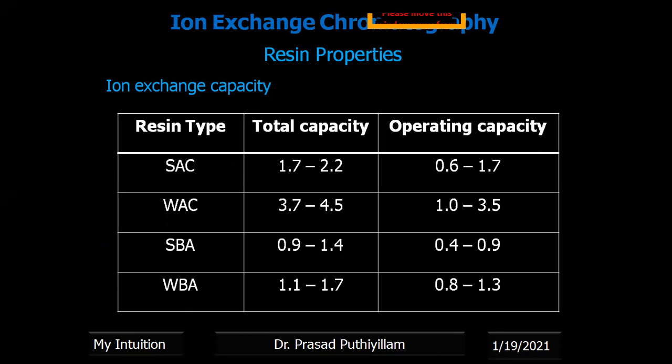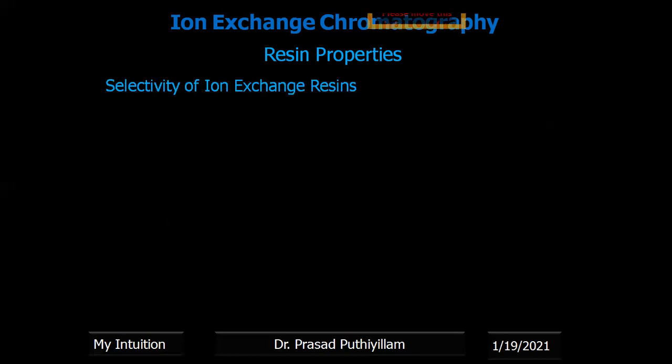Some values of total capacity and operating capacity of the resins are mentioned here in the table. For SAC, total capacity is about 1.7 to 2.2, whereas its operating capacity is 0.6 to 1.7. Likewise, for WBA, weakly basic anion exchange resin, total capacity comes around 1.1 to 1.7, whereas its operating capacity is in the range of 0.8 to 1.3.